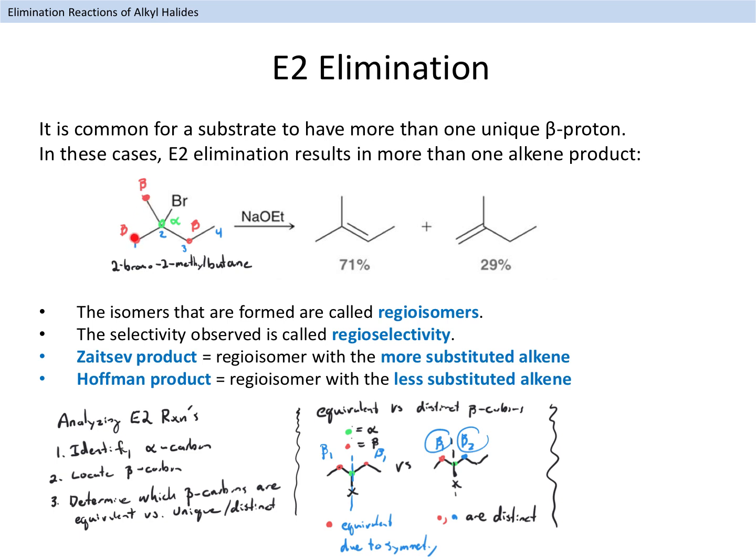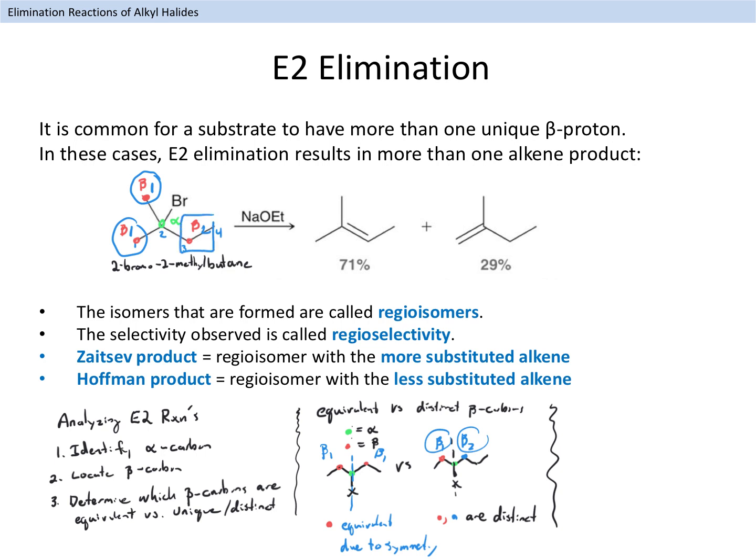Elimination from either methyl group would produce the same alkene, so we can label these both as beta 1, since they only represent, collectively, one unique beta position on the molecule. The other beta position, however, is distinct, and elimination from that position would result in the formation of a different alkene. We can label this carbon as beta 2.